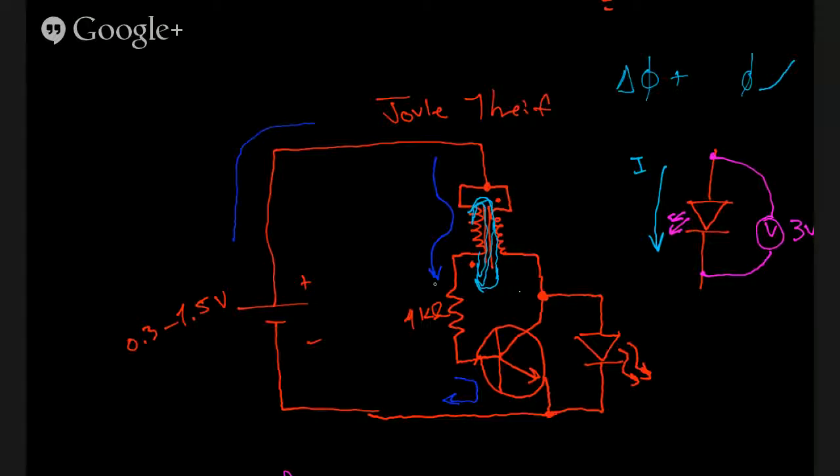Now we have the availability for current flow either through here, because this will have a lower resistance than the diode.